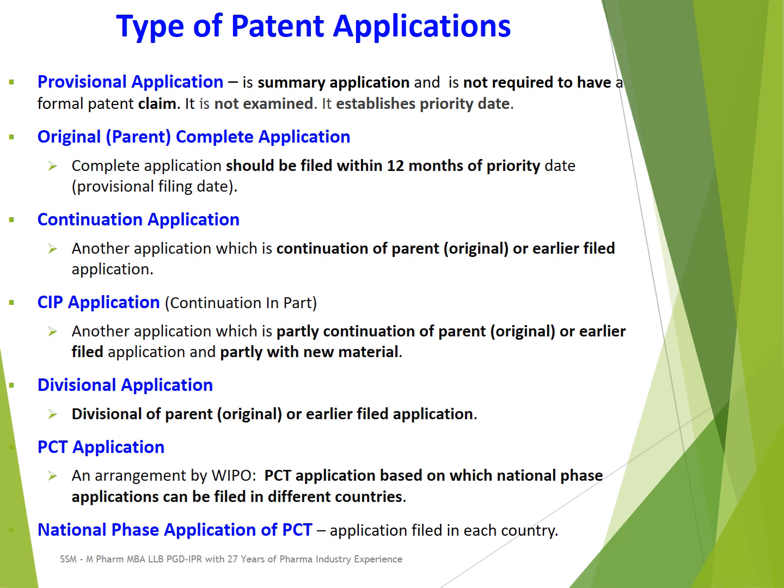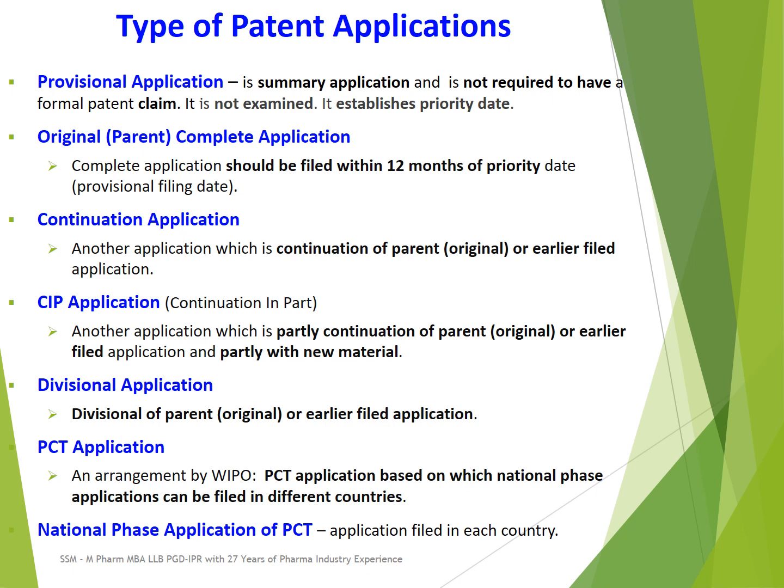Next is the continuation in part or CIP application, which is an application that is partly a continuation of the parent or original or earlier filed application and partly has new material. In this case also, suppose the original application is very broad.